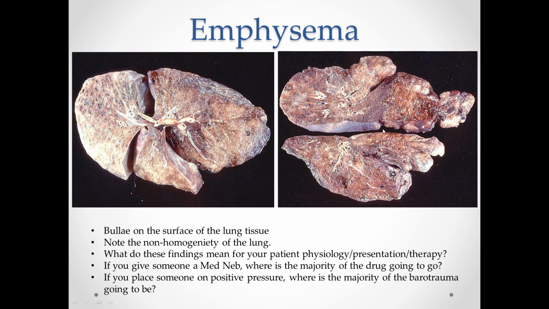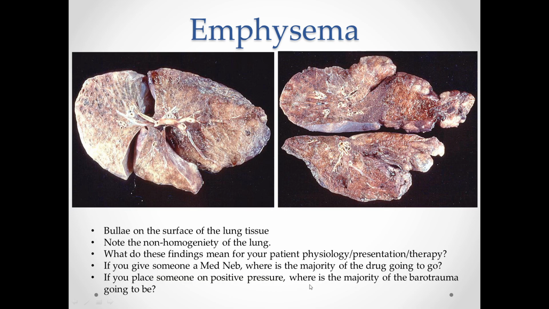Okay. So if you were to give somebody a med-neb treatment, the majority of the drug is going to go to the heavily ventilated regions and not to the hypoventilated regions. And so sometimes it takes a little bit of time for a drug to be propagated to those individual lung areas.